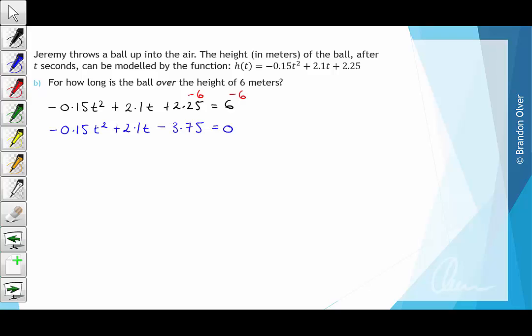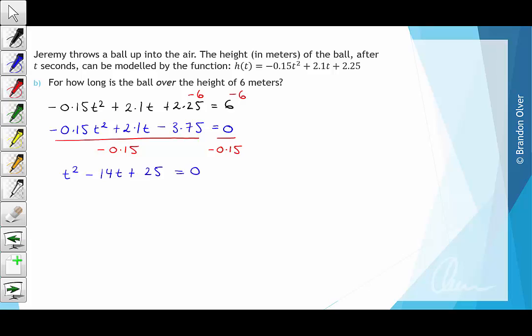And now if we divide all of the left-hand side by negative 0.15 and the right-hand side by negative 0.15, we find that the equation is equivalent to t squared minus 14t plus 25. And of course the right-hand side is still 0. If you try to inspect that to find the factors, you'll find it very, very difficult.